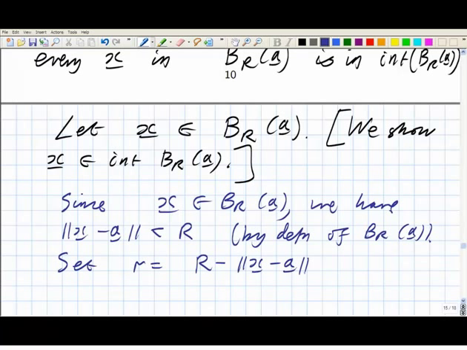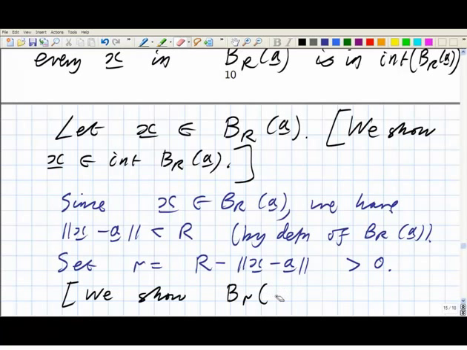So that means that the formula I gave you before does give you a positive number. So set little r equal to R minus the norm of x minus A, which is what we expect is going to give you the distance. And as a good start, that is a positive real number, which is necessary. You're not allowed to take naught. That would be silly.